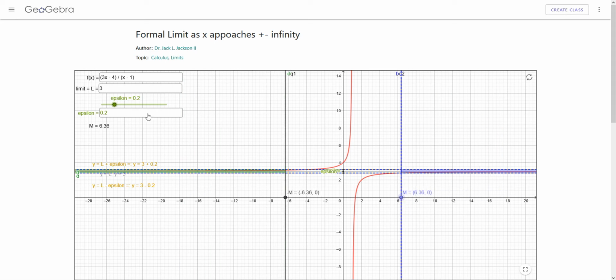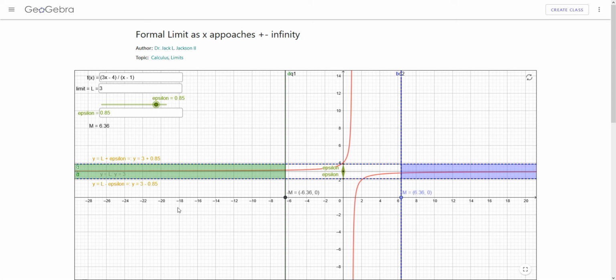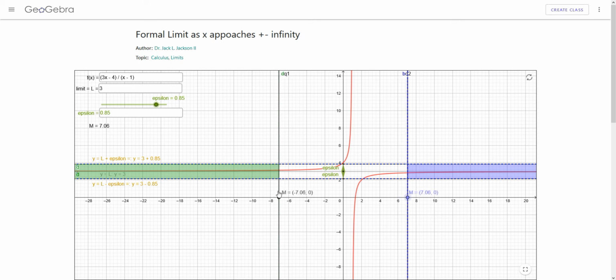In a similar manner, the limit to the left is also 3 because no matter how big I make M, which makes the minus M go farther to the left, I can make M bigger so that I stay within the bounds of this strip.